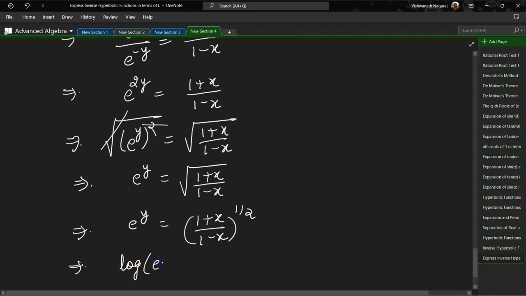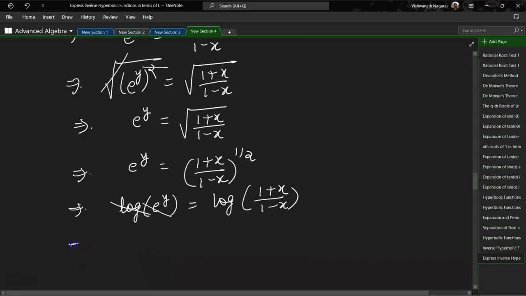So log of e to the power of y is equal to log of 1 plus x by 1 minus x to the power of 1 by 2. So log and e cancel and we are left with y is equal to, here there is 1 by 2. Now by the logarithm rules, we can bring that half to the front and we get half of log of 1 plus x by 1 minus x.